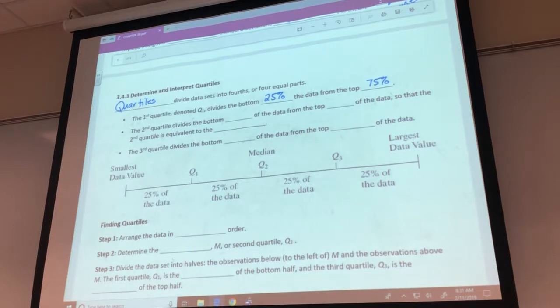And then the second quartile, you're dividing it directly in half. You've got 50% below it and 50% above it. And then it says the second quartile is equivalent to the median. So if we're dividing our data set in half, that's the same thing as the median.